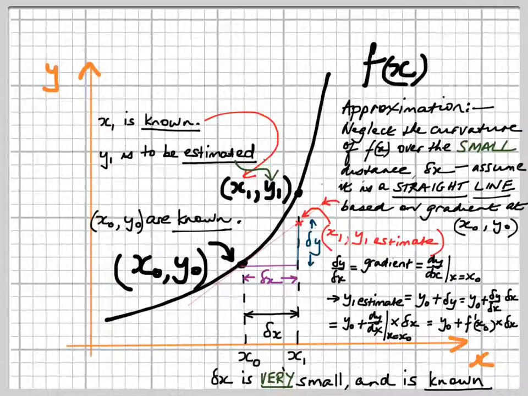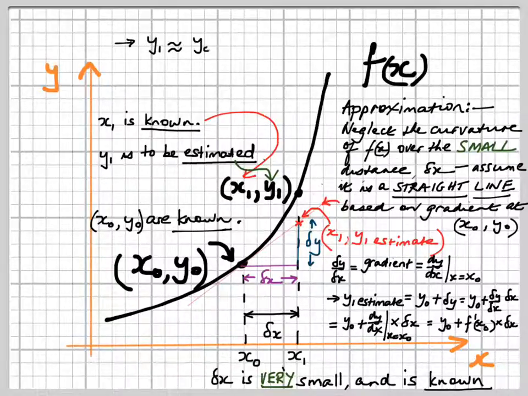So that's what we're saying y1 estimate is. It's y0 plus the rise, and the rise is the gradient times the run. Okay, did you get that? It's y0 plus the rise, and the rise is the gradient times the run. That is the formula we use.